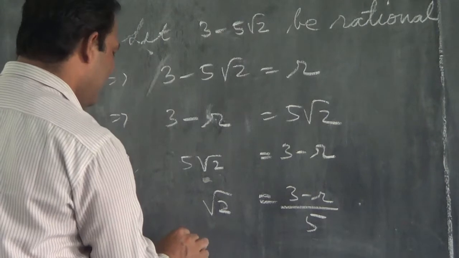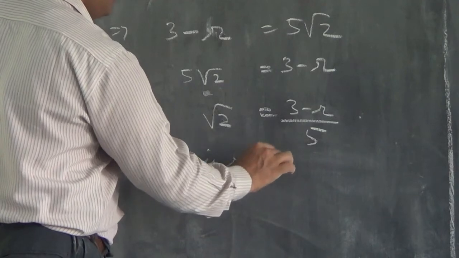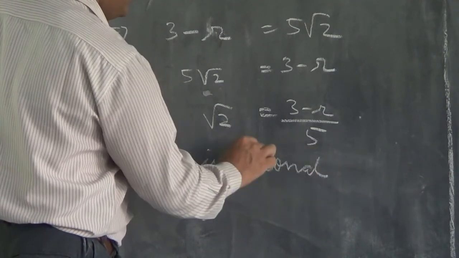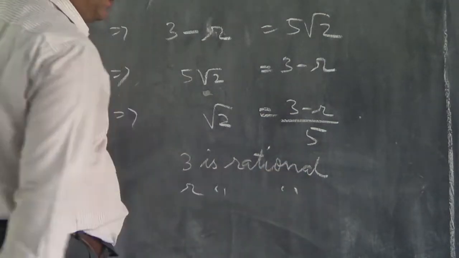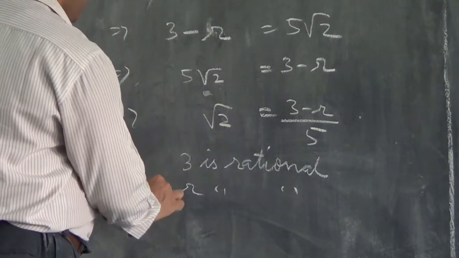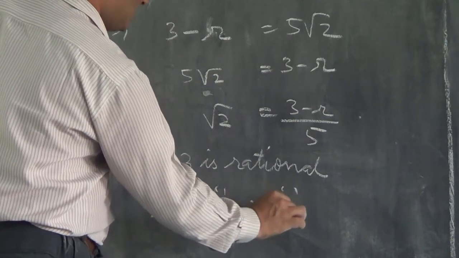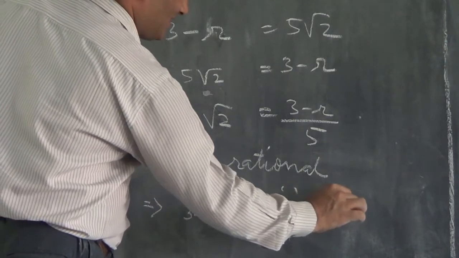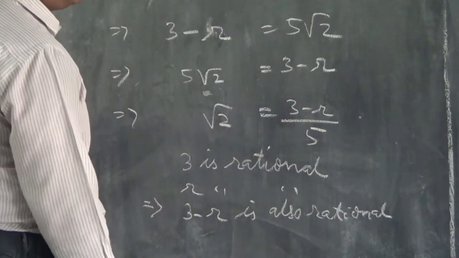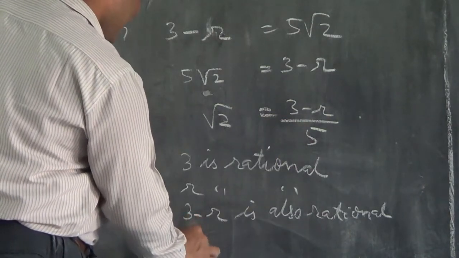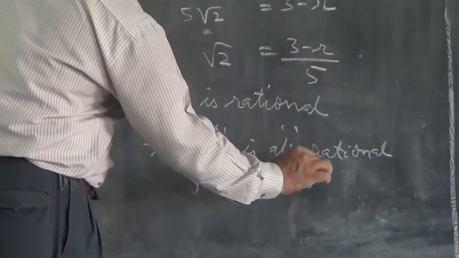So here we can write 3 is rational. r is rational. That implies 3 minus r is also rational. 5 is rational.